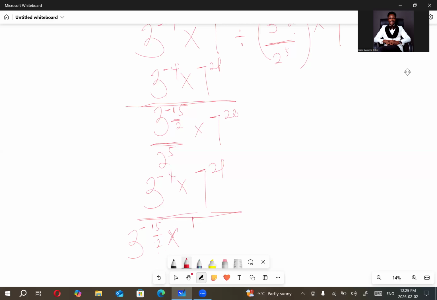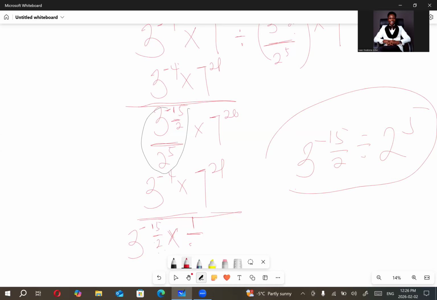So that'll be 1 over 3 exponent negative 15 on 2. We are looking at just this part, and that's how it looks: 3 exponent negative 15 on 2, divided by 2 exponent 5.